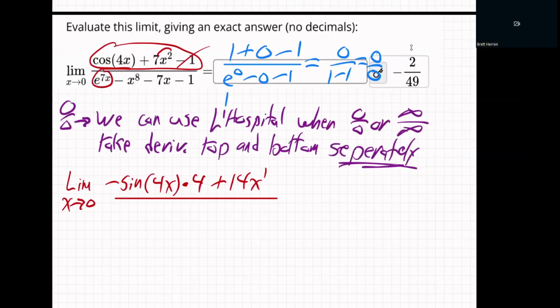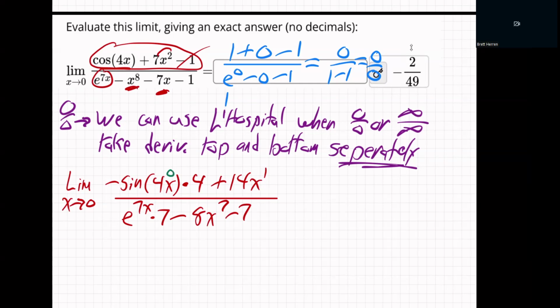How about the bottom? e to the 7x, he's our favorite derivative. He does nothing. But since the inside is not a simple x, chain rule says times the derivative of the inside, which is 7, minus, and then this guy is 8x to the 7. This guy is minus 7. Okay, let's plug in the 0 again.